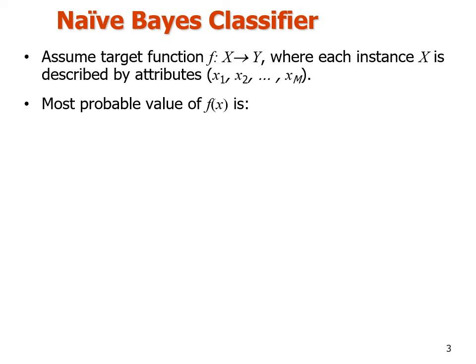These values are actually describing that new instance. So formally we can write the expression as y MAP is equal to argmax over yj belonging to capital Y of probability of yj given x1, x2, x3 up to xm.